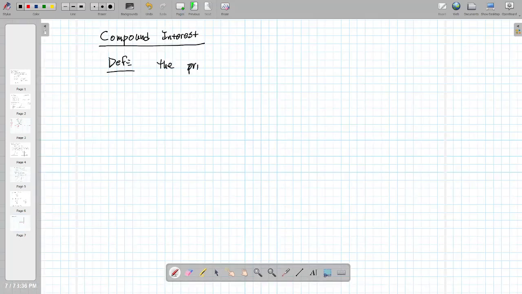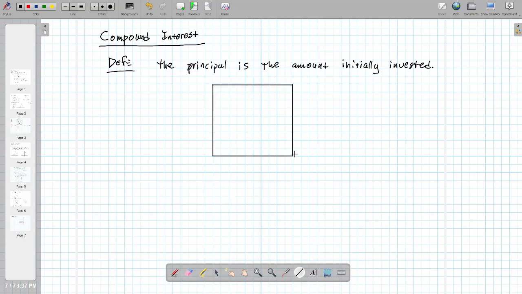Definition. The principal is the amount initially invested. Now, what I'm going to do right now is explain what compound interest is conceptually, and hopefully we get a better understanding of where the formula will come from. So suppose that we have our principal here, and this is a 10 by 10 square. This is our principal.